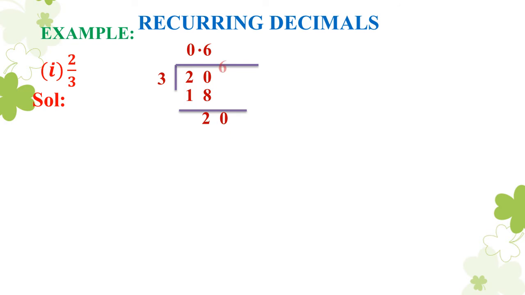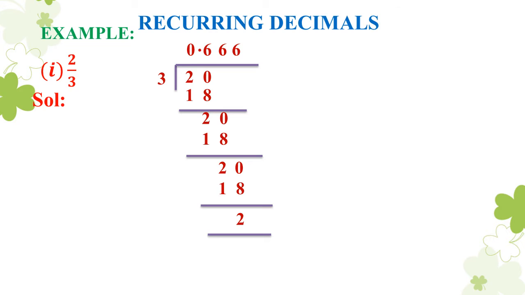Again adding 0. 6 3s are 18. 20 minus 18, 2. We get the remainder 2 again. So this division would go on like this.